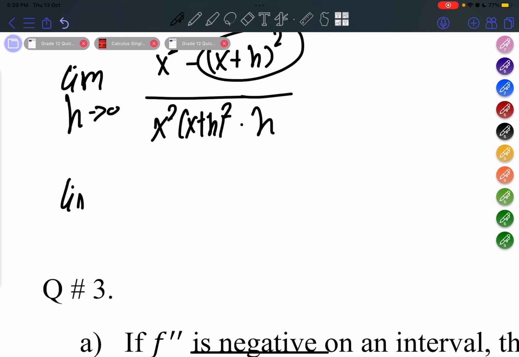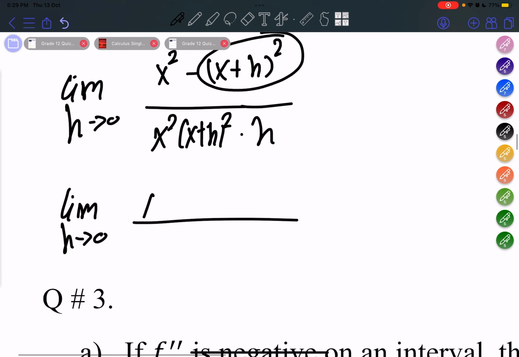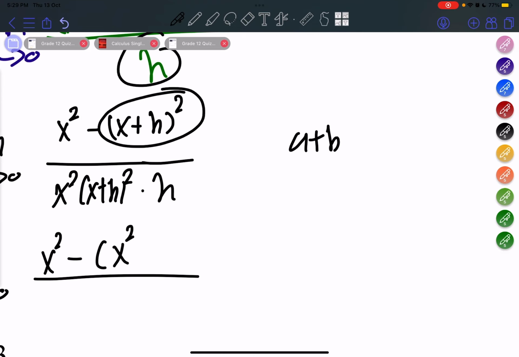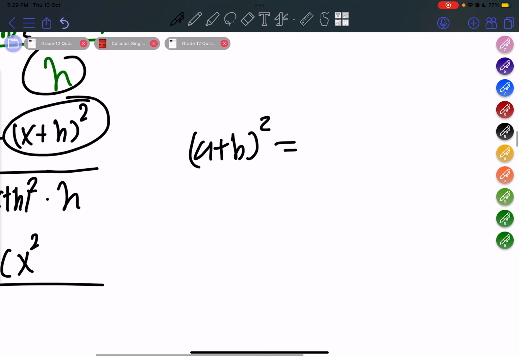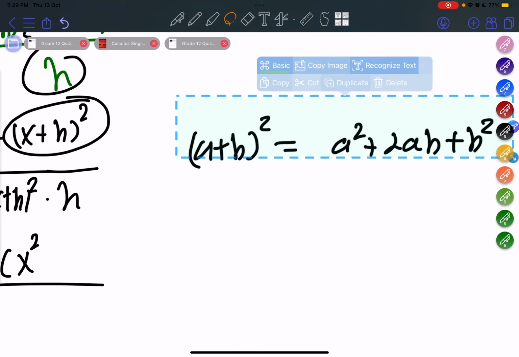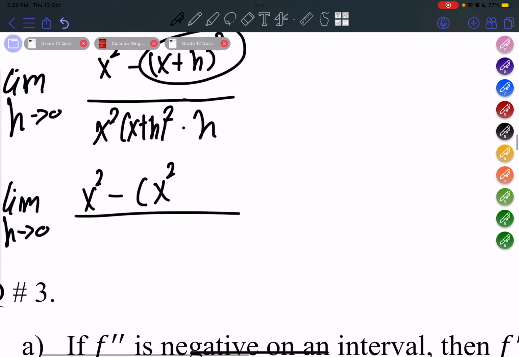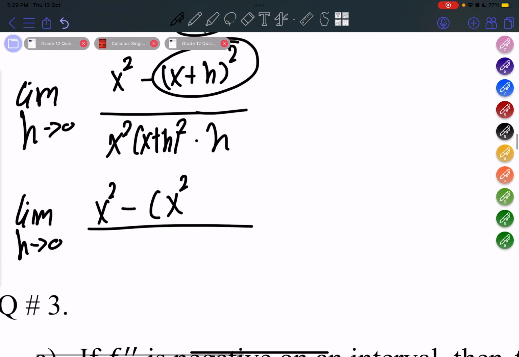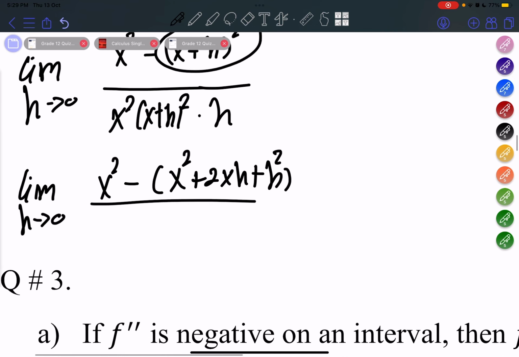So this becomes limit h tends to 0, x squared minus x squared. So basically a plus b whole square is equal to a squared plus 2ab plus b squared. This is the rule to refresh the mind real quick. So it becomes plus 2xh plus h squared, okay?